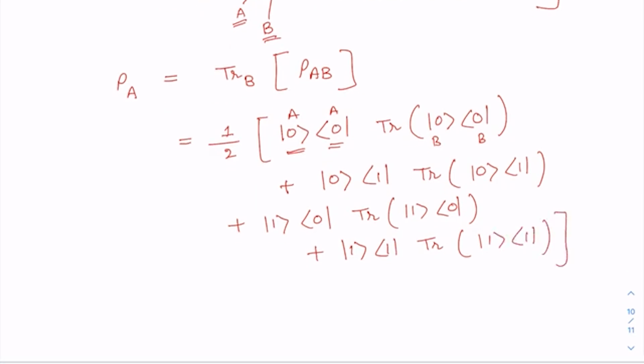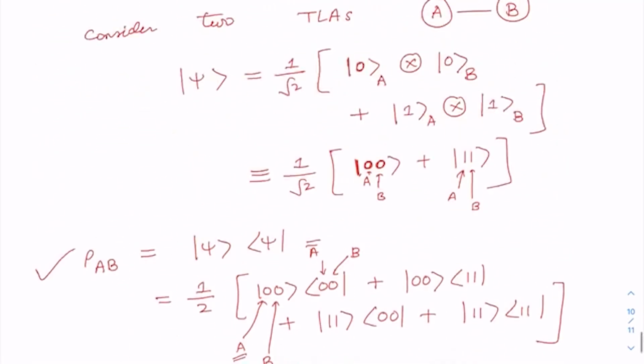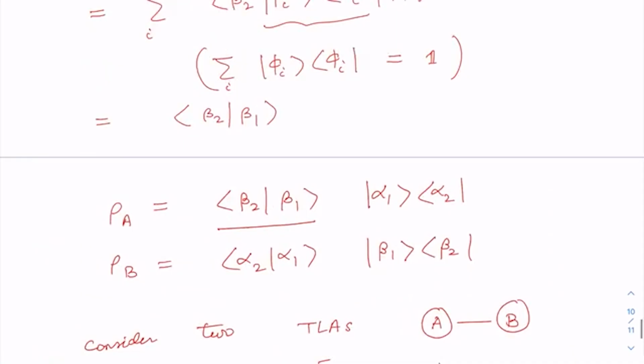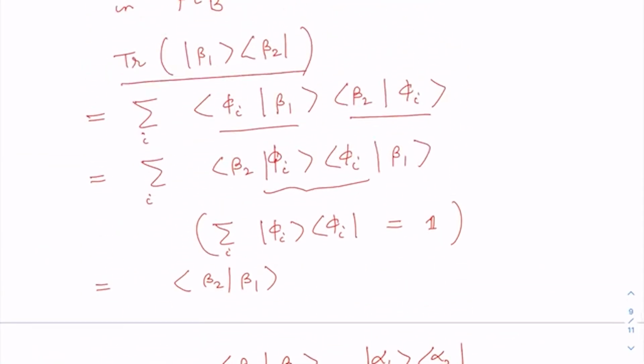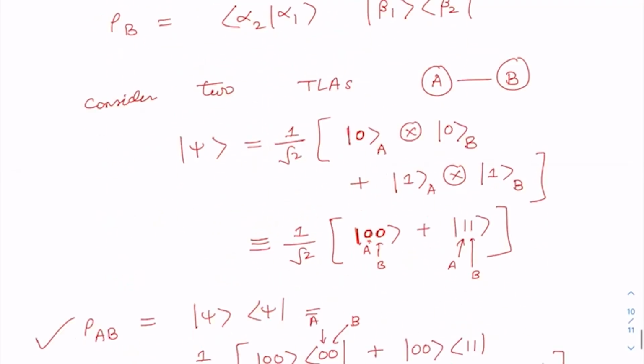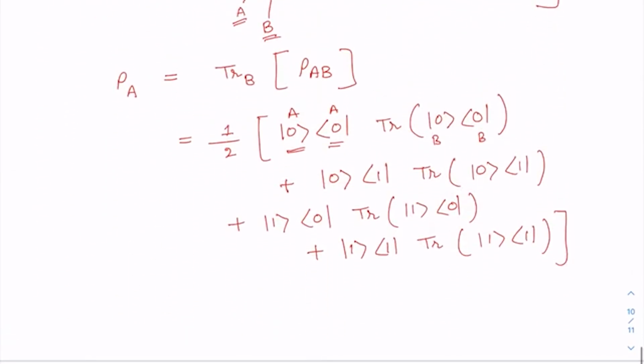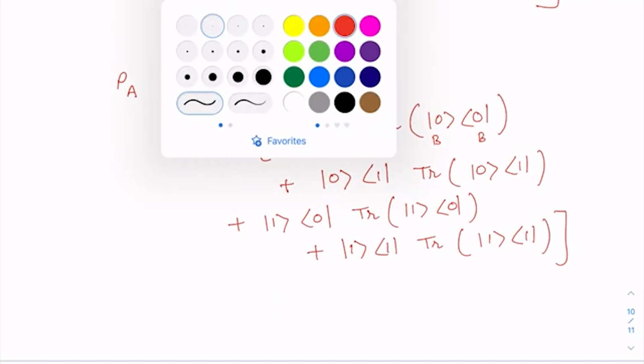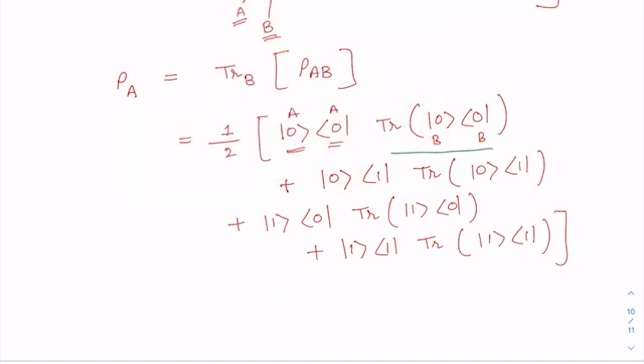All right, now when we take the trace like this, this would simply be the scalar product. So this one is going to give me <0|0>, and I know that they are normalized, so this would give me 1. Here it will give me <1|0>, and because this ket and this ket are orthogonal to each other, this is going to give me 0.